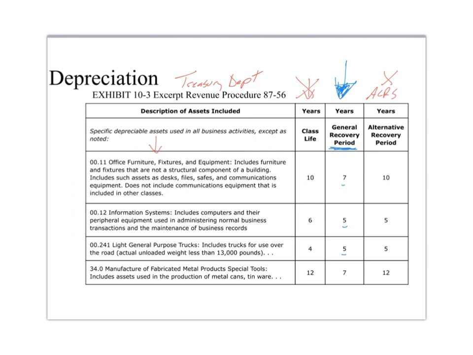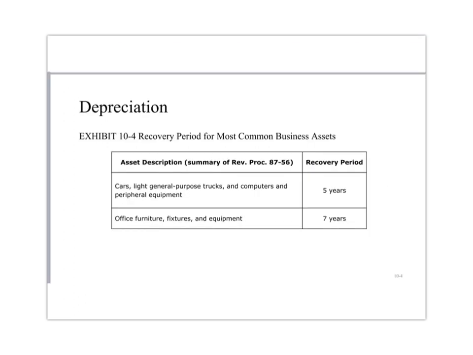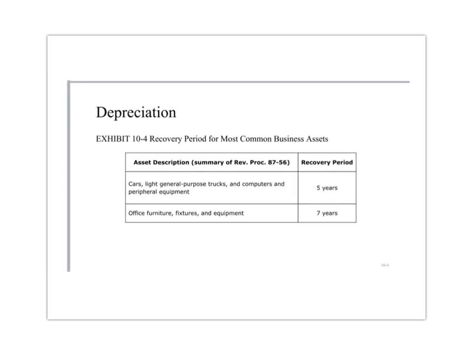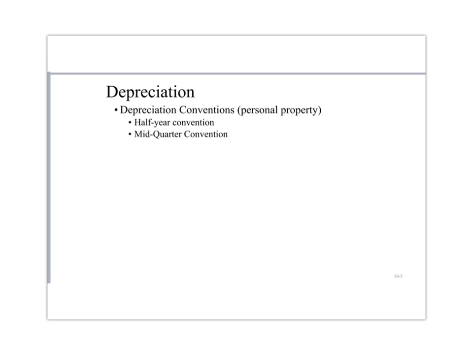And then manufacturing tools have a 7-year recovery period, okay? So again, this chart is in your PowerPoint, but it's also going to be in a MACRS file, all right? There are also smaller portions of that same revenue procedure in that MACRS table, and this again is the column that we're concerned about. Okay.